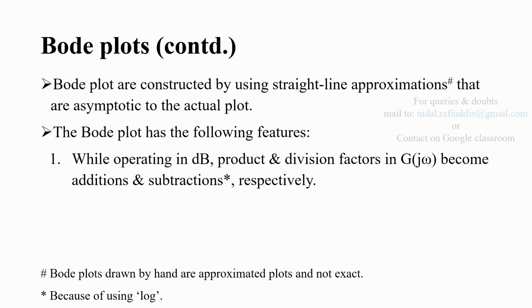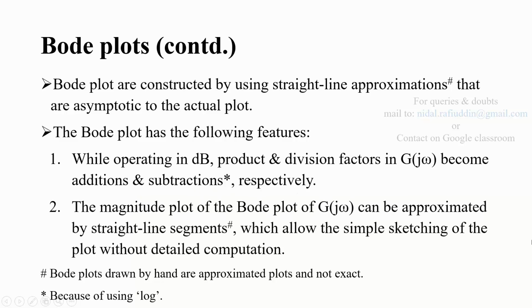That is clear because you are dealing with decibels in log scale, and thus any product will be changed into terms which are added, and any terms which are divided, when you take the log of them, will be subtracted. This is because of using log. The magnitude plot of Bode plot of G(jω) can be approximated by straight line segments.